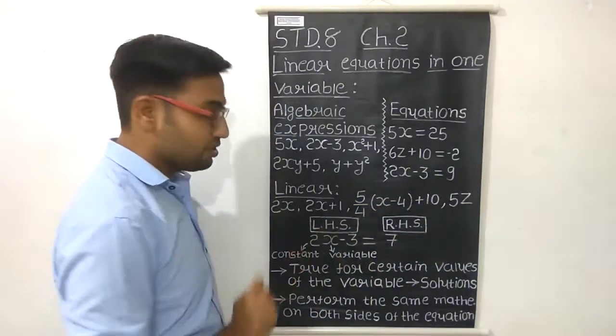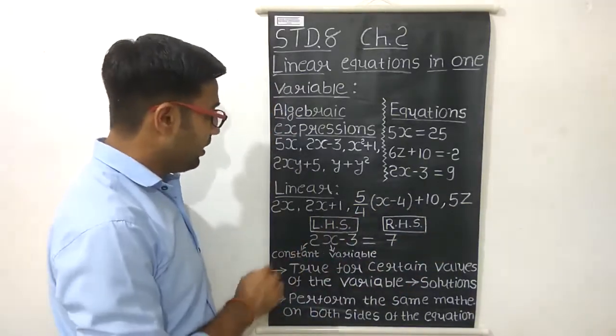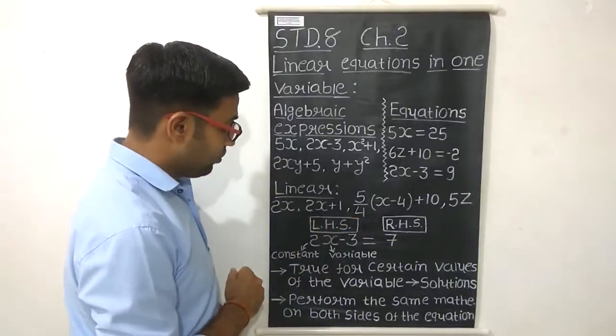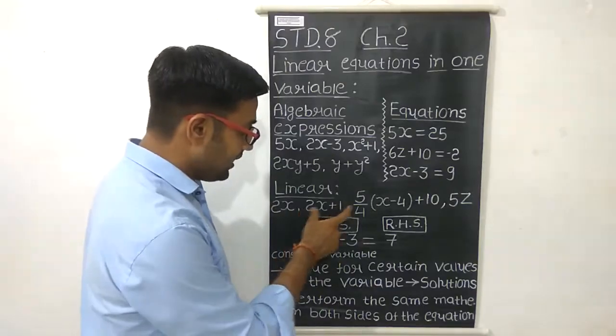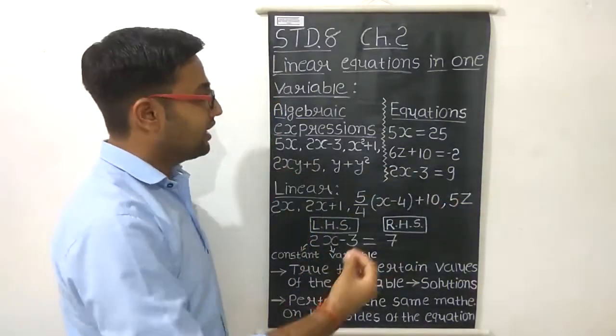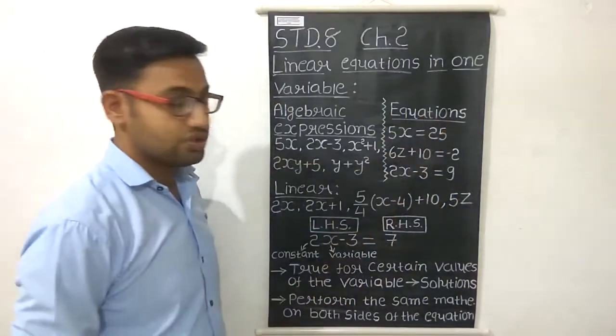All these expressions have only one variable and they all are linear, right? So by comparing any such expression with any constant value, we can get linear equations, right?